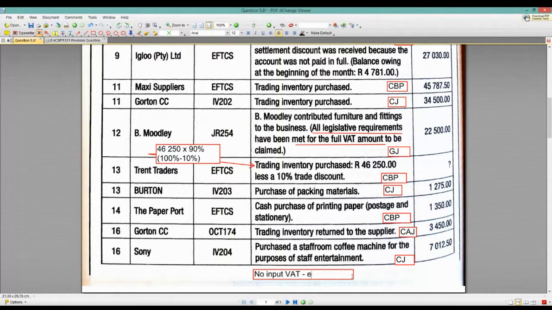And the reason for this is it's an entertainment expense. So input VAT is denied.